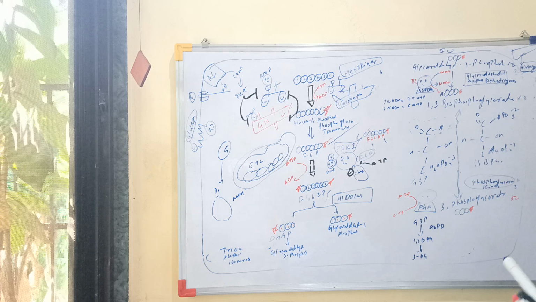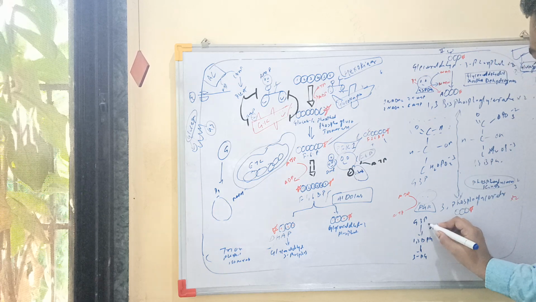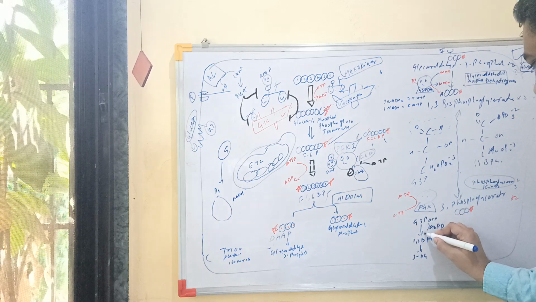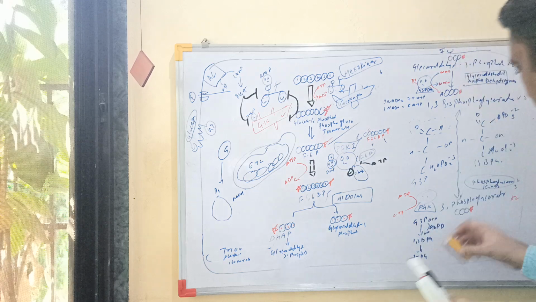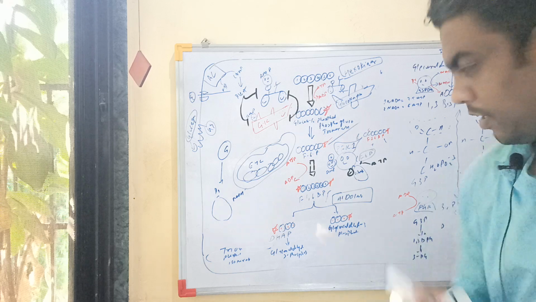Now, here the enzyme is taking ATP and converting into ADP. Okay, no, sorry, I'm very sorry, here it doesn't happen like that. So this is how you make mistakes.